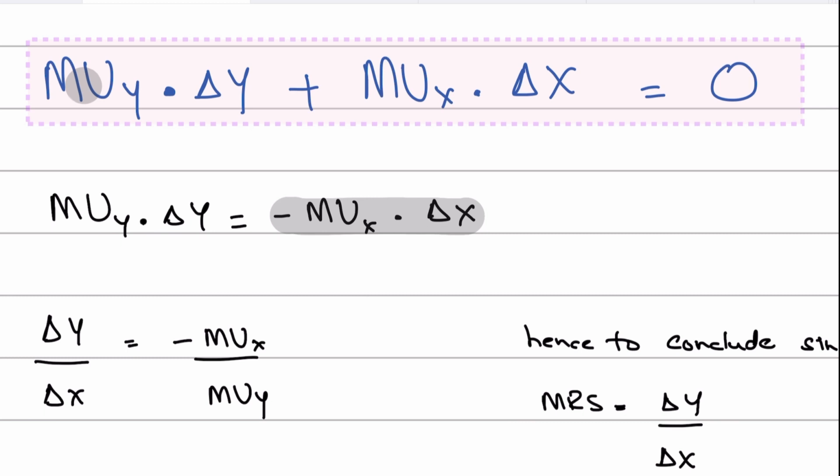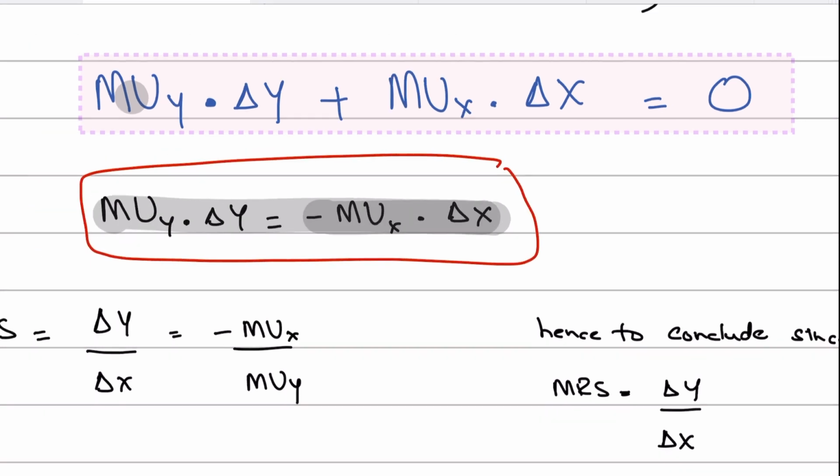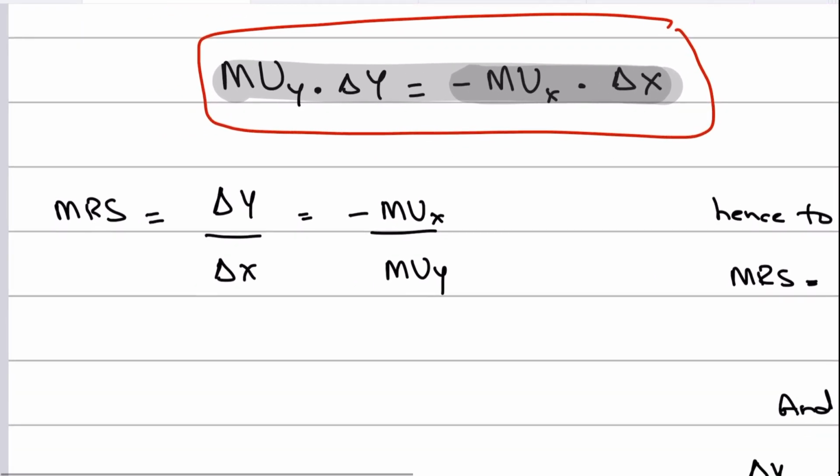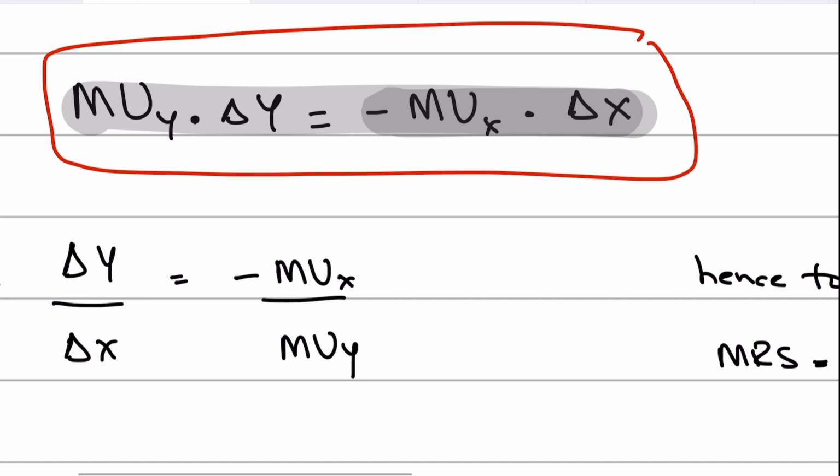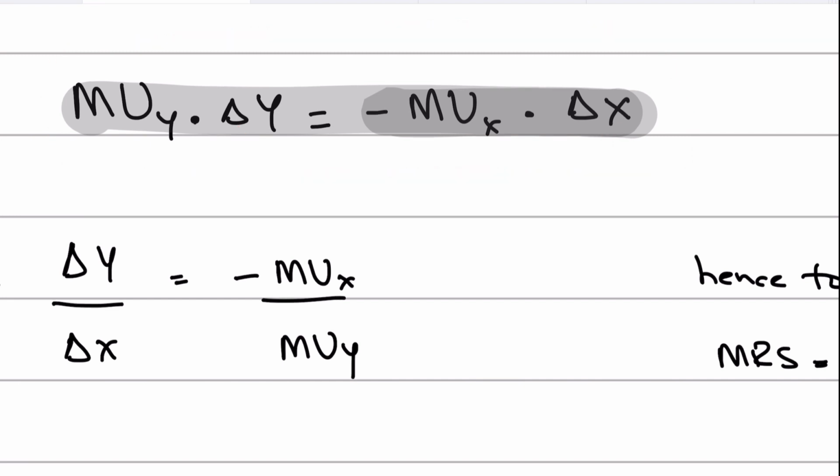So if this is my equation right now, then I could further rearrange it. If I bring the change in X to the other side and divide the change in Y by the change in X, look at this very carefully, because the dots are representing multiplication.